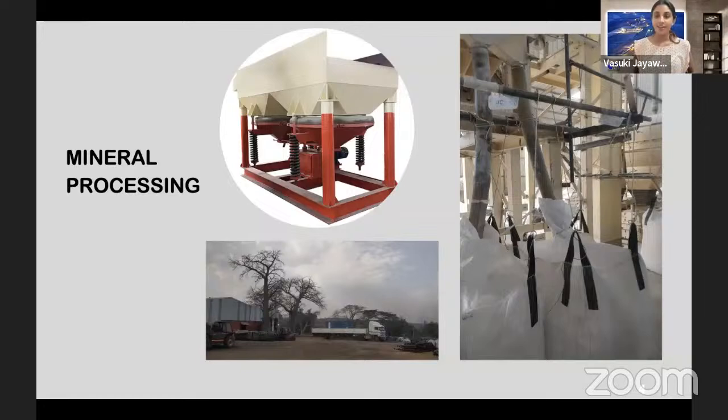And when it comes to manufacturing business, when it comes to processing business, sometimes you are looking at an end product. But when it comes to mineral processing, it's not always about going to end products, but we are definitely processing the mineral that we are taking out from the earth to some sort of an intermediate product. We are processing it, value adding it, and then making it a raw material for another industry.